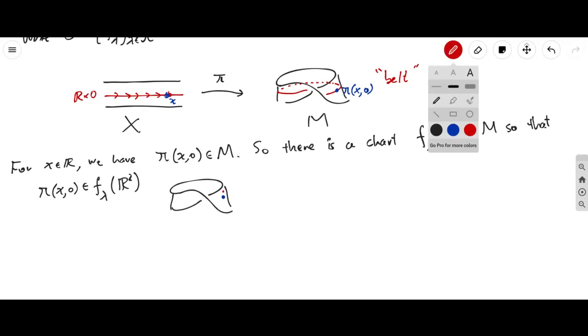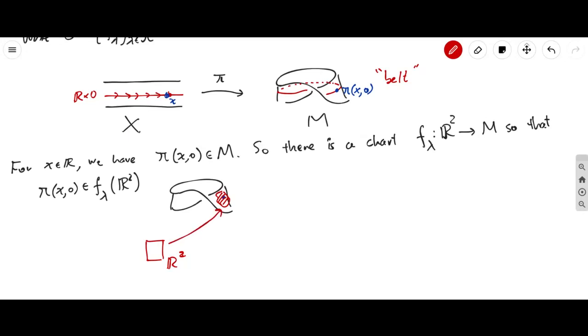So there is some open set that will contain it. So that would mean that there is an R2. This is a two-dimensional manifold. So there's a copy of R2 that is being mapped. I call this F lambda. That is being mapped homeomorphically to that open set, and the point is sitting inside that open set.